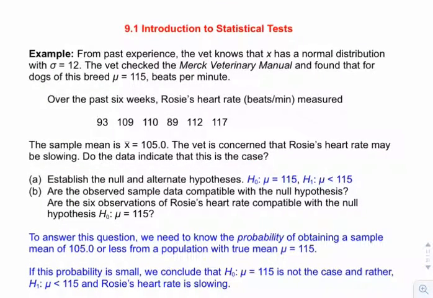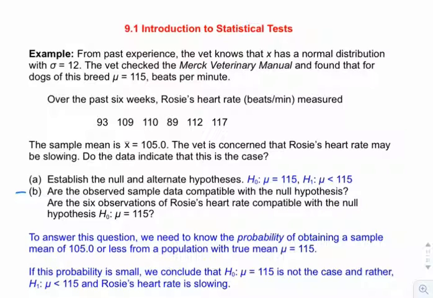Okay. So are the observed sample data, this is B, compatible with the null hypothesis? So are these 6 observations of Rosie's heart rate compatible with the null hypothesis that the mean is 115? So to answer this, what do we need to know? We need to know what is the probability of actually getting a sample mean of 105.